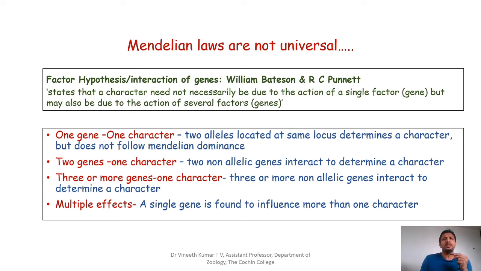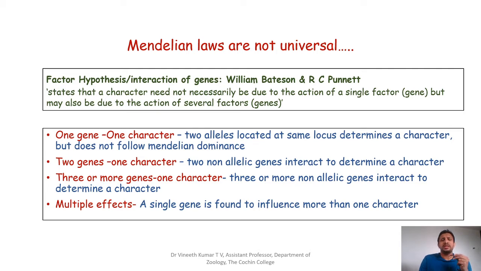The second is the interaction between non-allelic genes, which was not described or proposed by Mendel. This is a new one, the interaction between two non-allelic genes, that means two different genes. They interact together, and that interaction results in the production of a particular character, say the color of a flower.